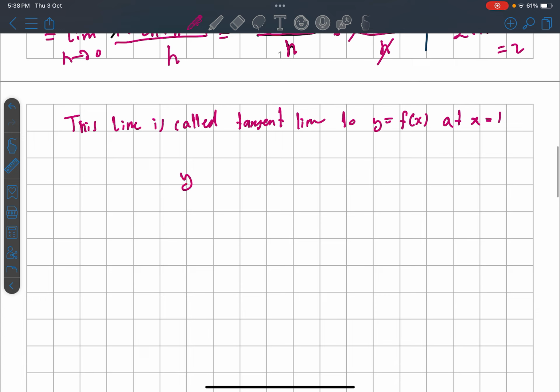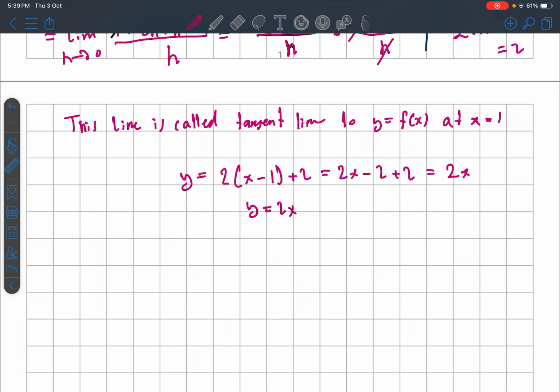And when we want to write the tangent line, we say y equal 2, because the slope is 2, times (x minus 1) plus 2, that equals 2x minus 2 plus 2, that means 0, so it's 2x, so the y is 2x.